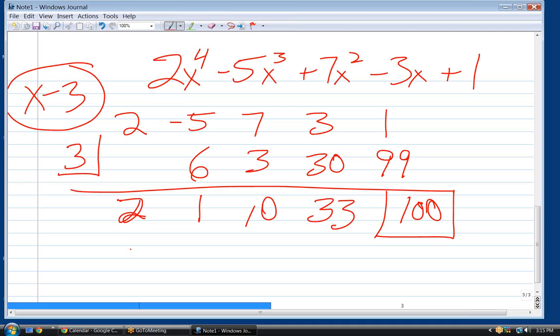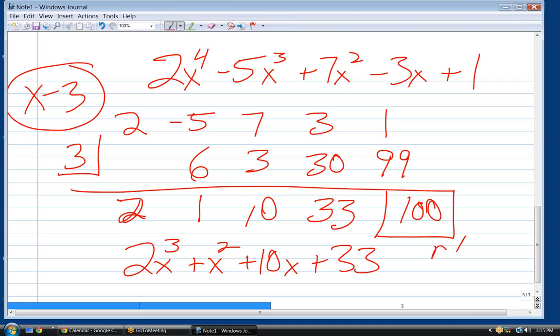It's 2x cubed plus x squared plus 10x plus 33 with the remainder of 100. And the remainder of 100 means this. It's the remainder of 100 divided by x minus 3.